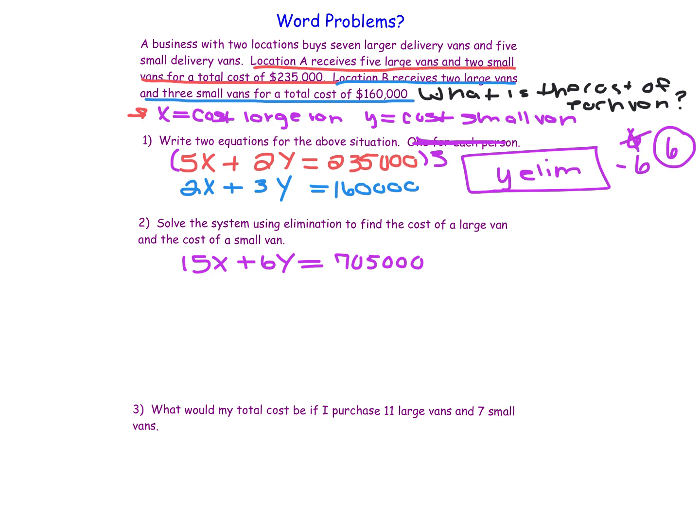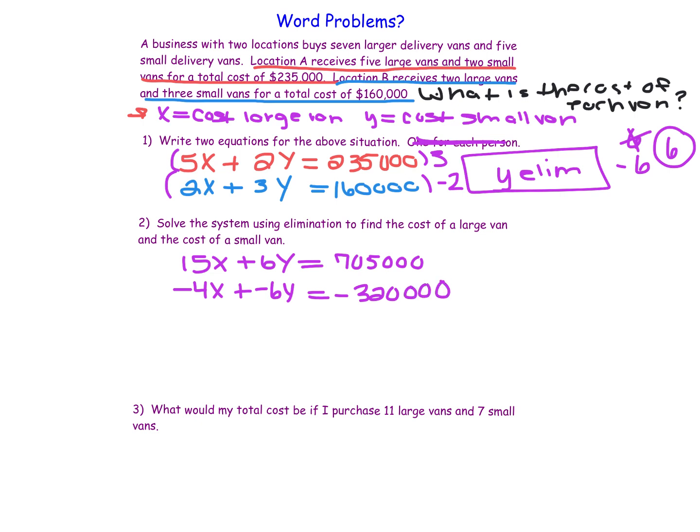So now I've rewritten one equation and I've used up the positive 6. Now I need this second equation to have a coefficient of negative 6. So I'm going to multiply everything here by a negative 2 to make that 3y become a negative 6y. So 2x times negative 2 is negative 4x, plus 3y times negative 2 is negative 6y, is equal to 160,000 times negative 2, which is negative 320,000.